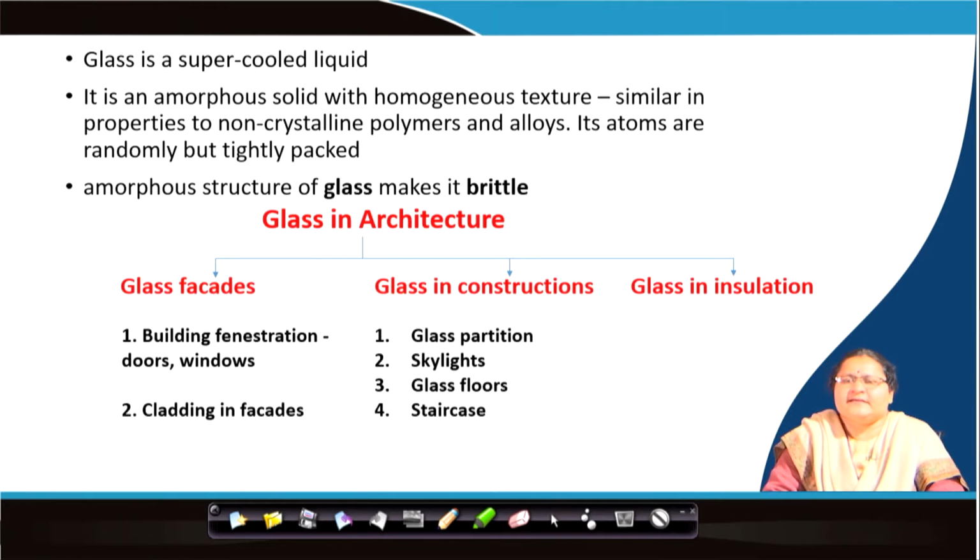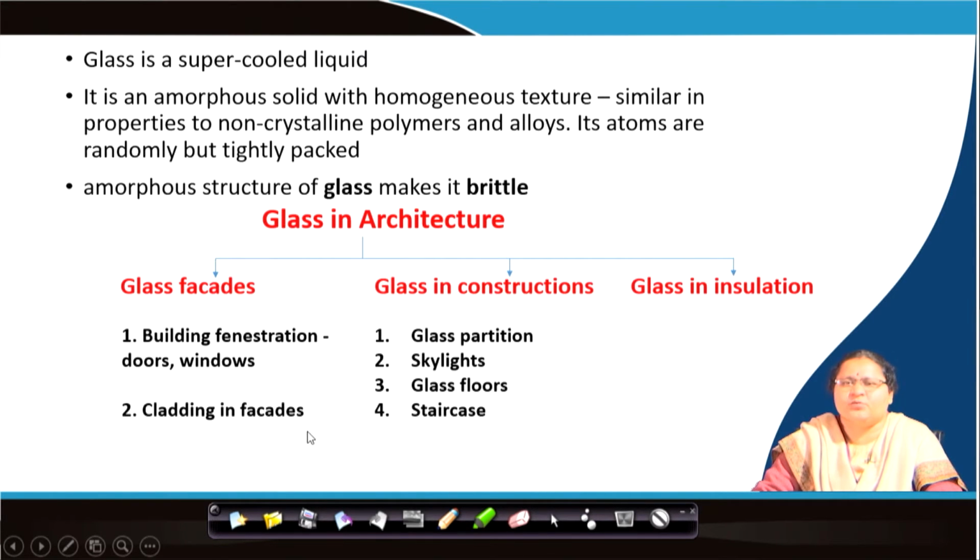We see glass in architecture mostly in three areas: glass in facades, glass as a construction material, and glass in insulation. Glass in facades is particularly seen in building fenestration, that is the doors and windows, and also the claddings in facades.